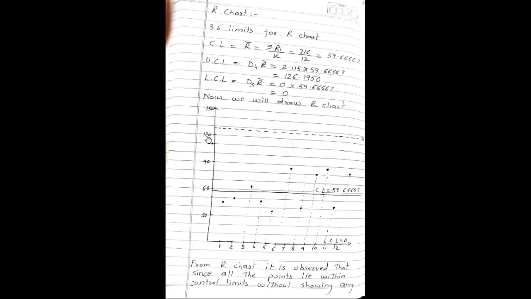For the first sample, what is the mean value? Mean value is 69.4, then 63.4, and all these values are within control. Only the 10th value, that is 112.4, will go above the upper control limit. So the 10th sample value is going above the upper control limit, and we can say that the process is not under control.